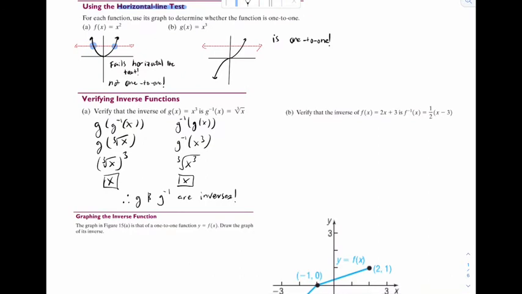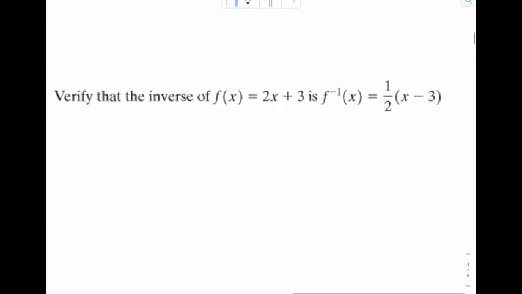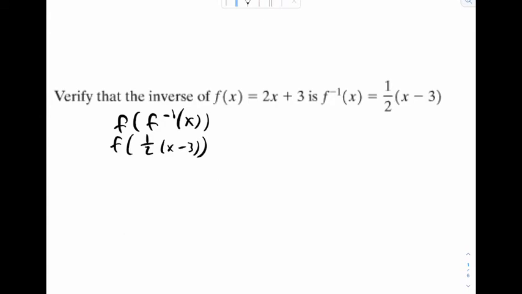So now let's look at a more complicated example. It says verify that these are in fact inverses. So we're going to plug them into each other like this. So f of 1/2 x minus 3. Let's see here. So 2 times 1/2 x minus 3 plus 3.